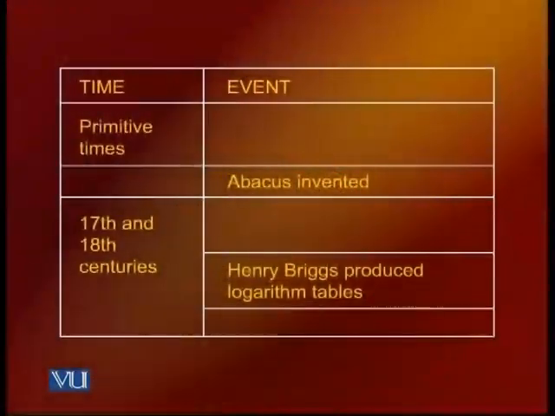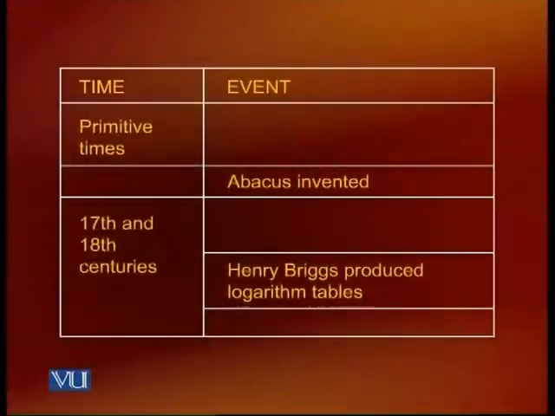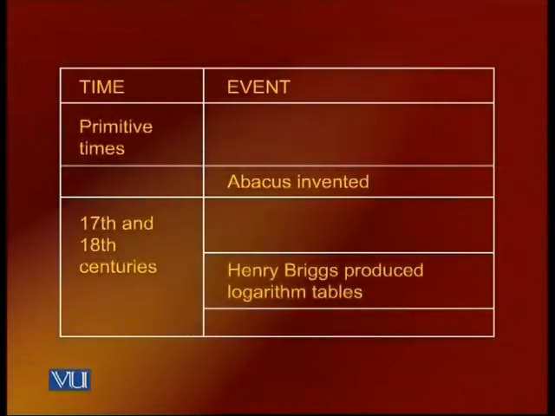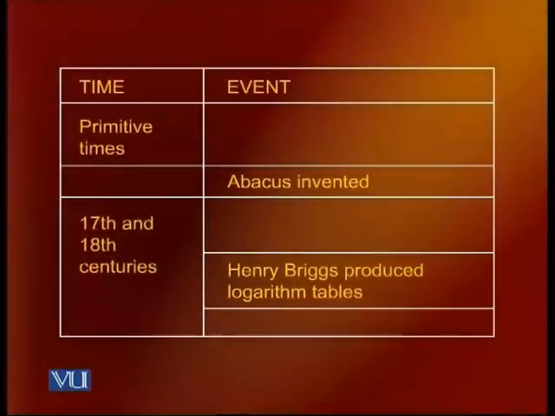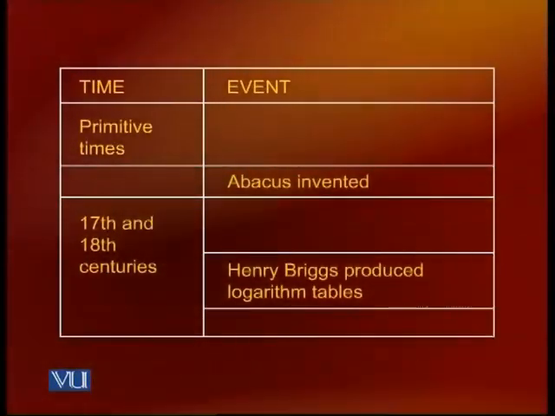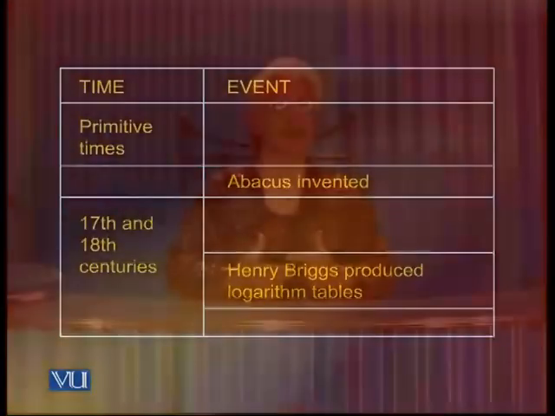Now look at the first one. The first one is primitive times. If you go over your text, you will find what people did in primitive times. In primitive times, the event was they counted on the 10 fingers.